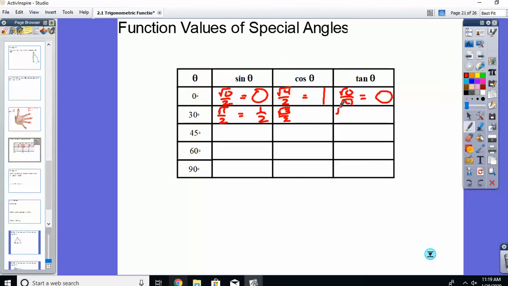Tangent would be radical 1 over radical 3, which gives us radical 3 over 3. 45. Sine would be radical 2 over 2. What's cosine? Radical 2 over 2. Tangent, radical 2 over radical 2. That's 1.